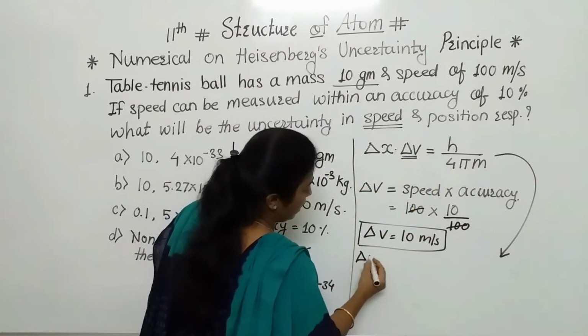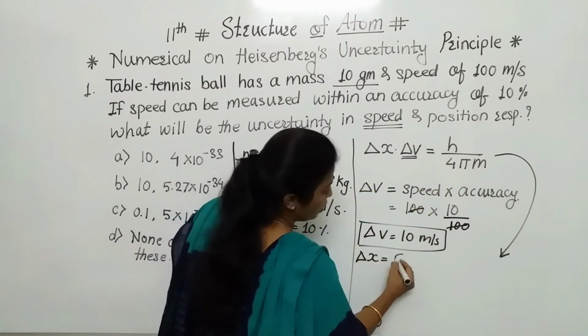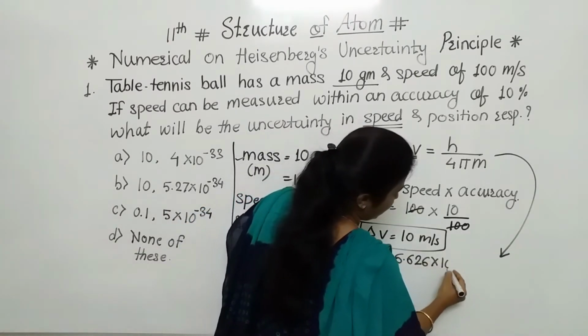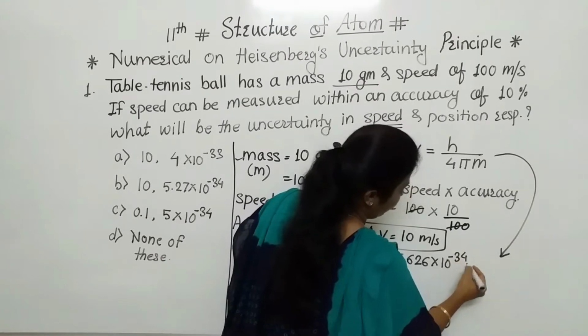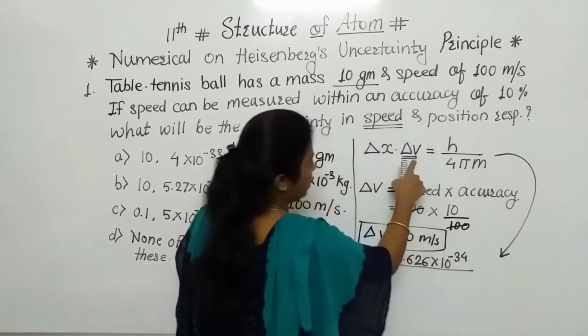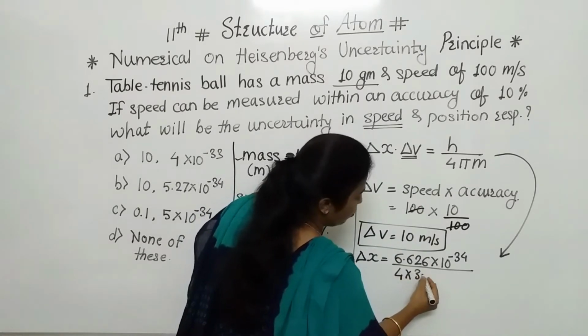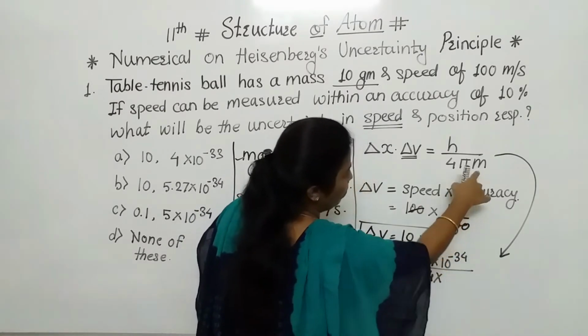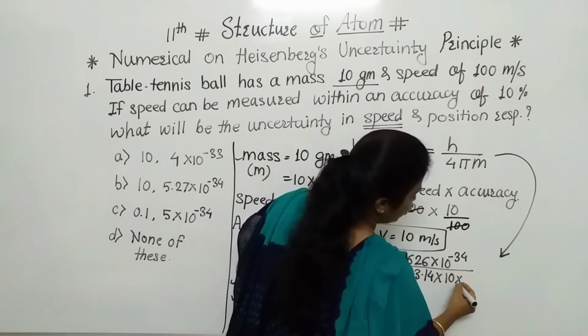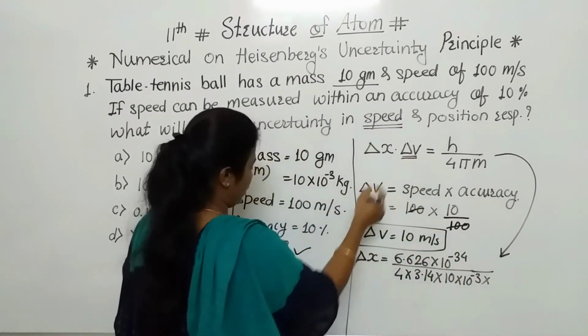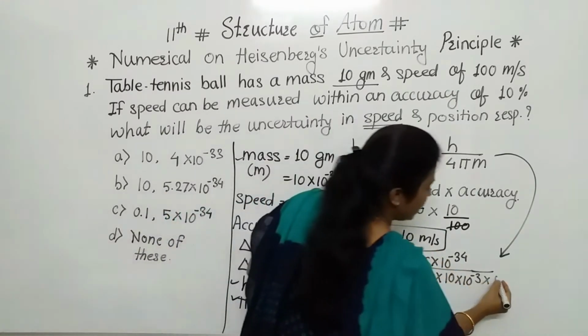So delta X is equal to 6.626 into 10 raised to minus 34 divided by 4 into 3.14 into mass, which is 10 into 10 raised to minus 3, and delta V that we have just calculated, that is 10.